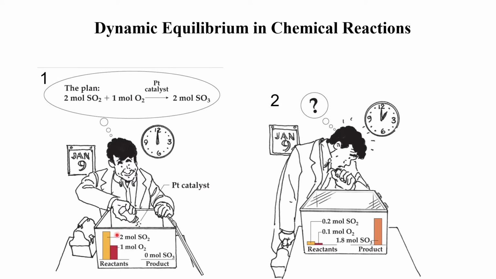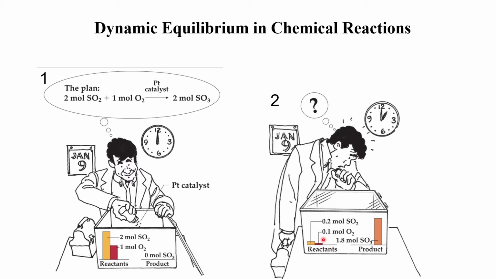He was expecting that all these reactants would convert into 2 moles of sulfur trioxide, but what happened is he only had 1.8 moles of sulfur trioxide, and at this point, the concentration of the product is constant and the reactant is constant as well.